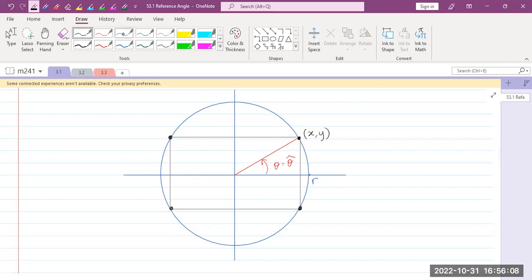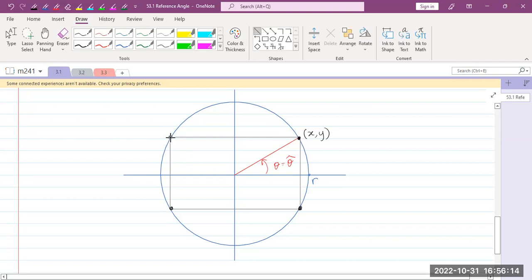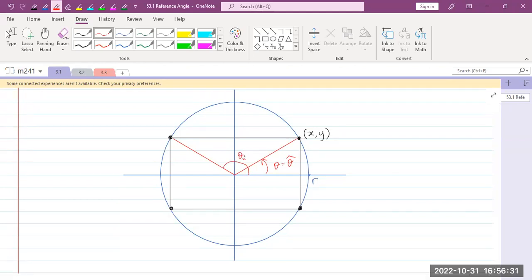Now, the angles are different, but they all have the same reference angle. Now, take a look at this one here. Let's call this theta 2, just naming it to distinguish it from the theta that we used earlier. This angle theta 2 here has the same reference angle theta hat.